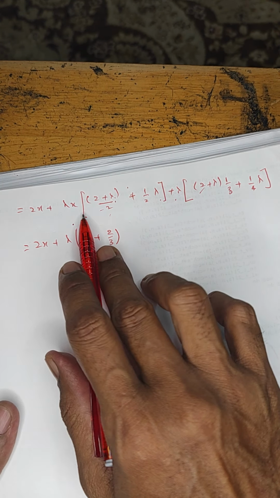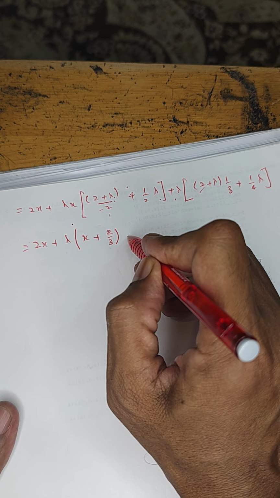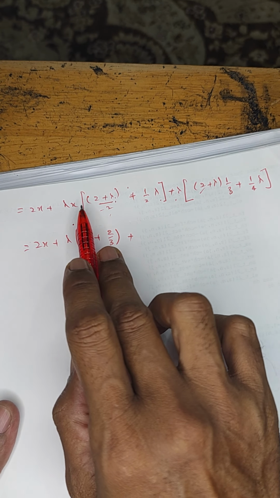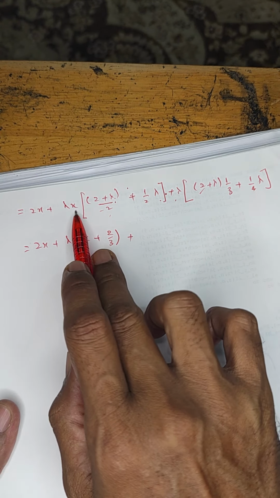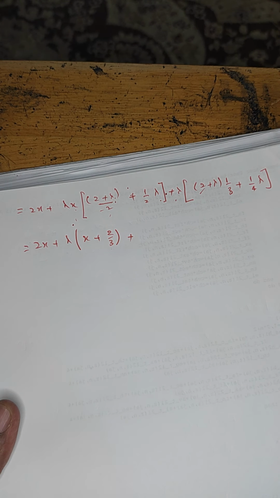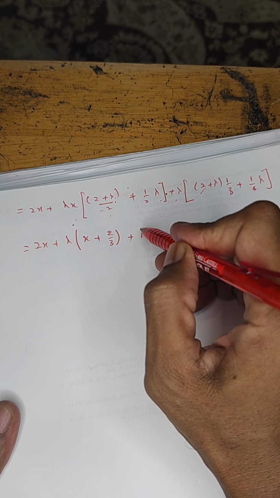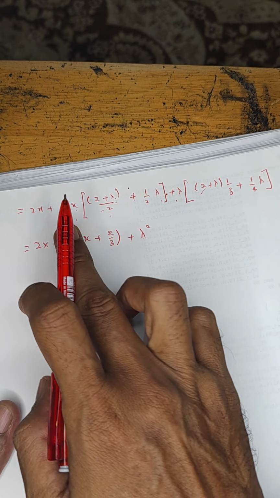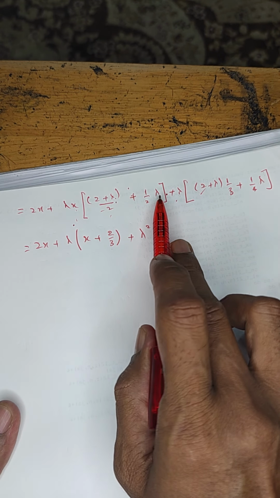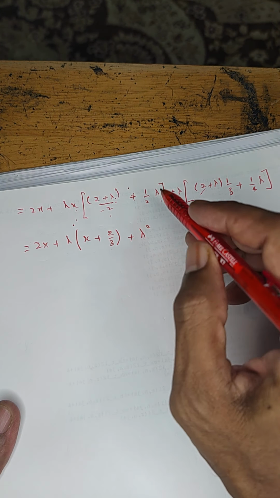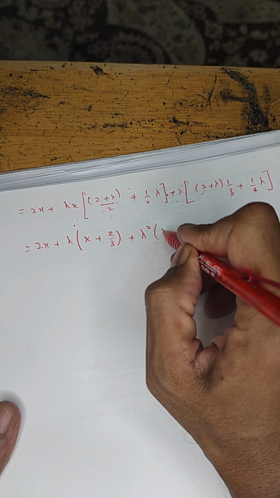Then for lambda squared plus, here you have lambda squared x, so you have lambda squared, you can arrange that. Here you have another lambda squared, half, you got 1, so we have just x here.